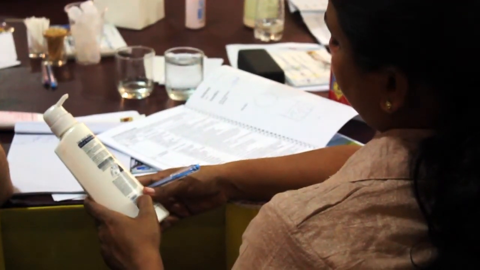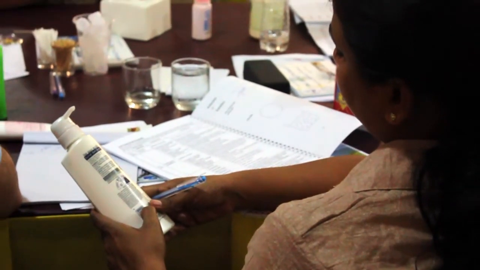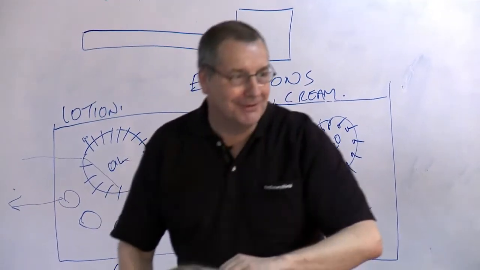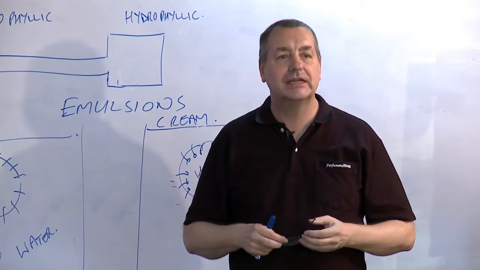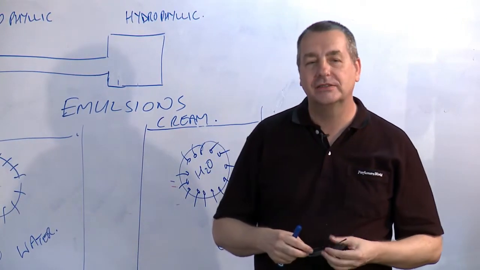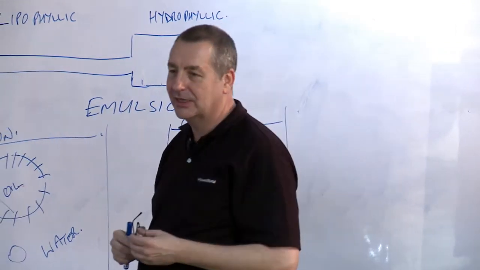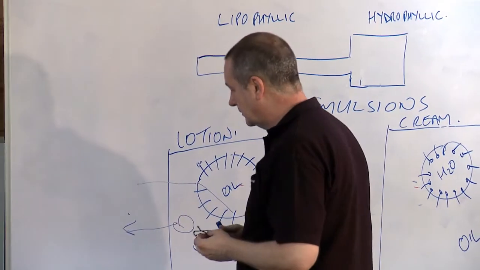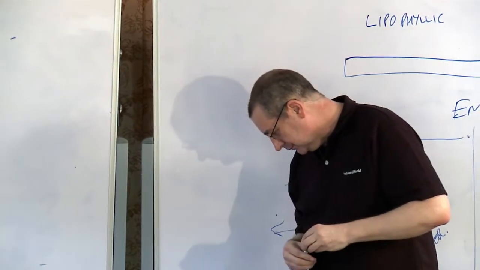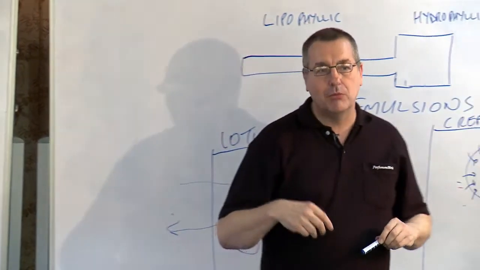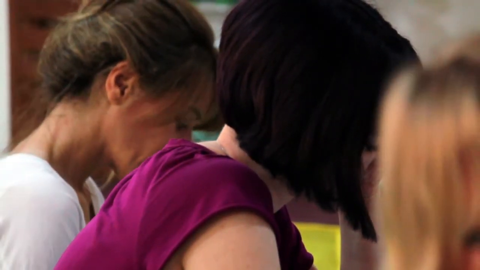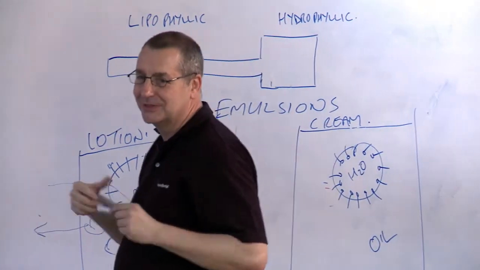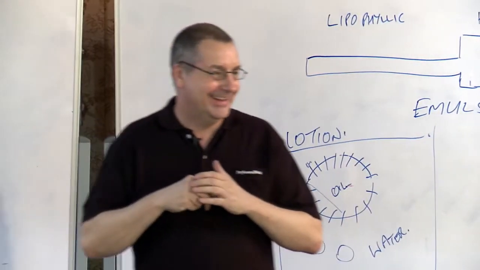Amodimethicone. That's too small for me to read, actually. It's a silicone. The things with the C-O-N-E on the end are silicones. Then you get moisturizers like lanolin. Lanolin is made from sheep. We have lots of people from New Zealand, so they should know this.